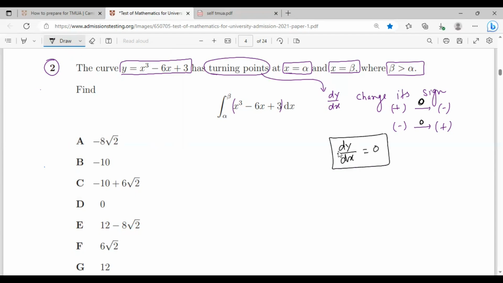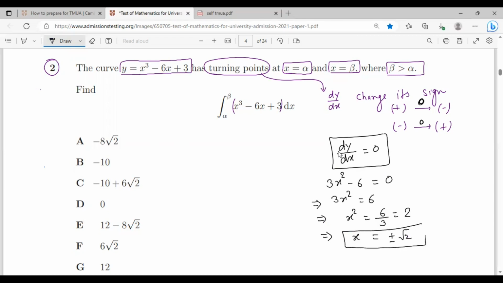So let us first find its turning points. Its dy upon dx will be 3x square minus 6 is equal to 0. So 3x square is equal to 6, so x square is equal to 6 over 3, that is 2. So x is plus minus square root of 2.